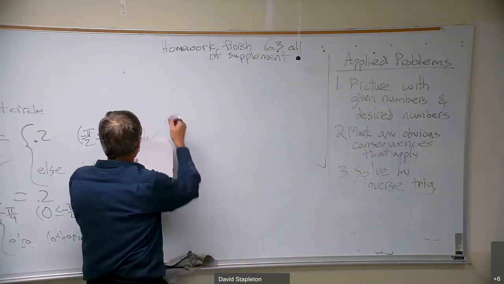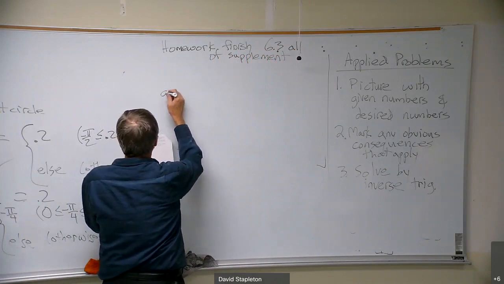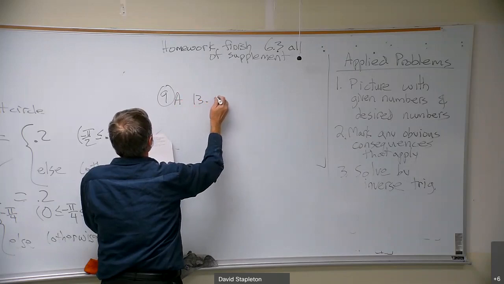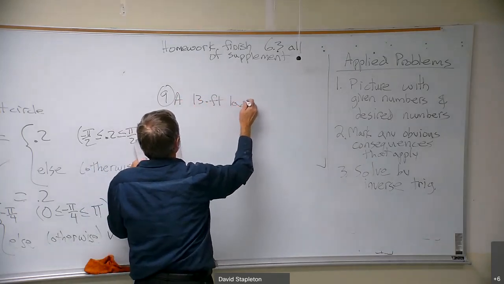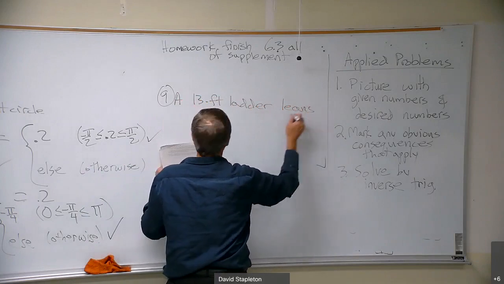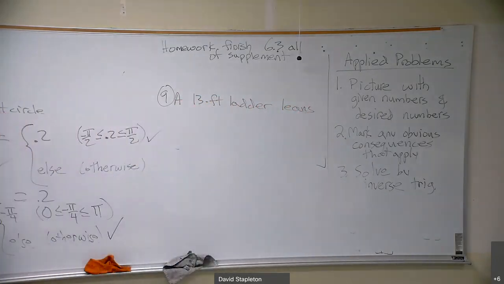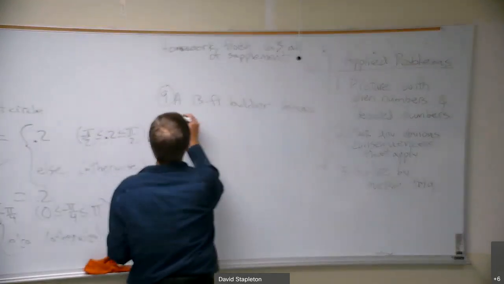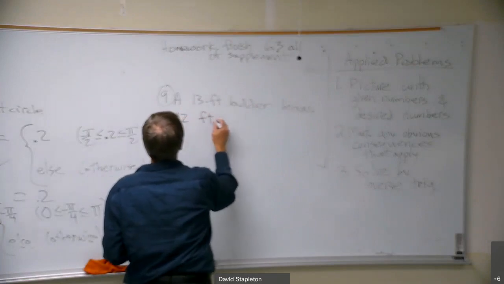Now let's try this one then. This is number 9 out of 6.3. A 13-foot ladder, something like this before, leans against a building. Pull my pen out. I must be working too hard today. It leans 12 feet up a building to the second floor window.